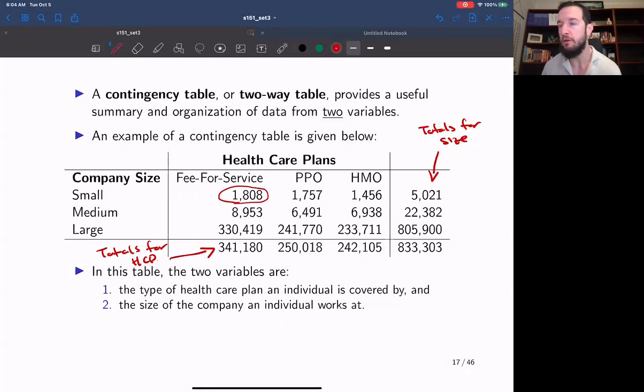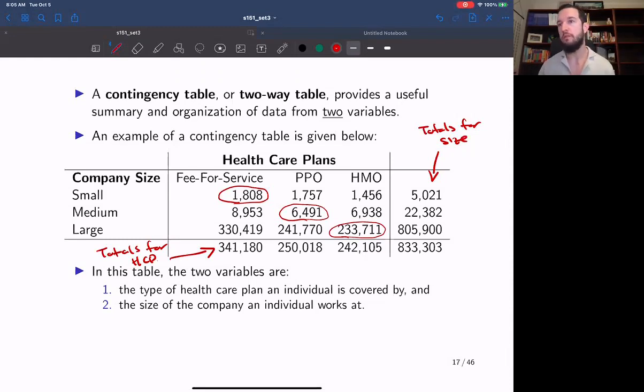So these values represent intersection between the outcomes of the variables of interest. This value here, for example, is saying that there are 6,491 companies that are of a medium size and subscribe to the PPO. And this value here is saying that there are 233,711 companies that are large and subscribe to the HMO.